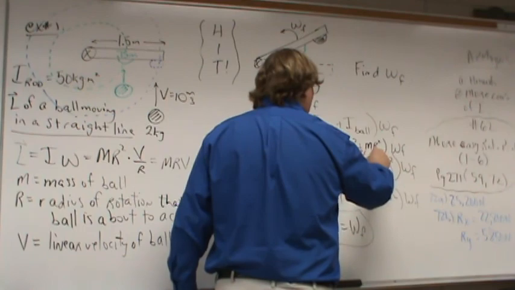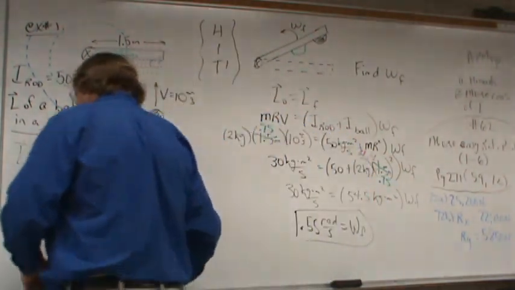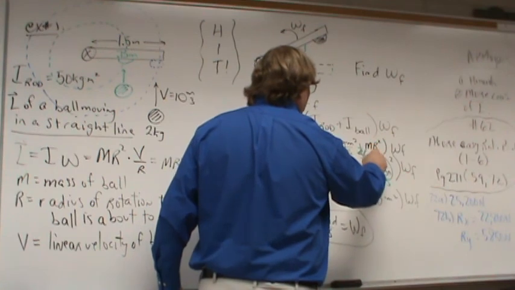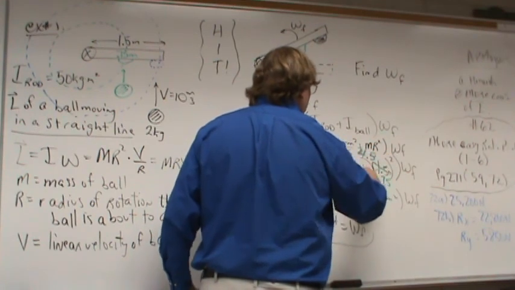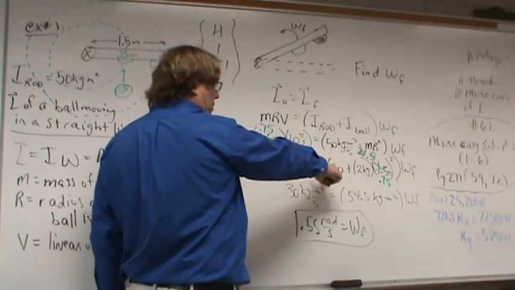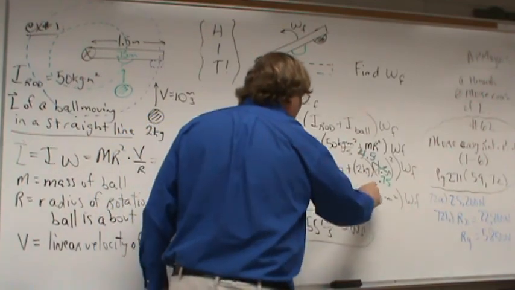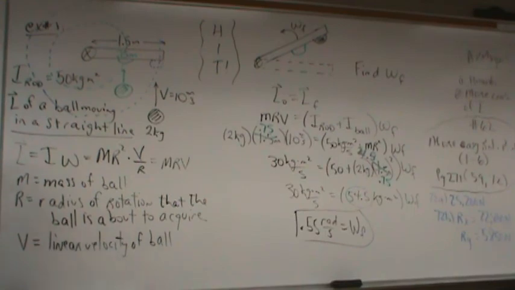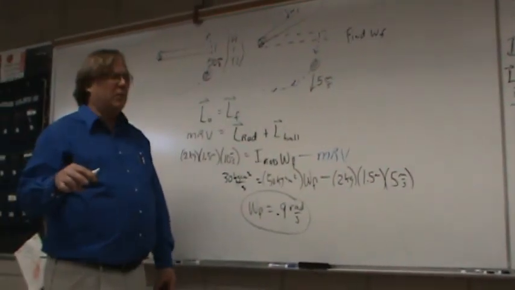So I've got a 50 kilogram meter squared rotational inertia object that just got increased to 54.5. So yeah, it got increased a little less than 10%, but that doesn't account for almost doubling the omega. So there's something else happening here that is more important than just the increase in the rotational inertia of the rod.